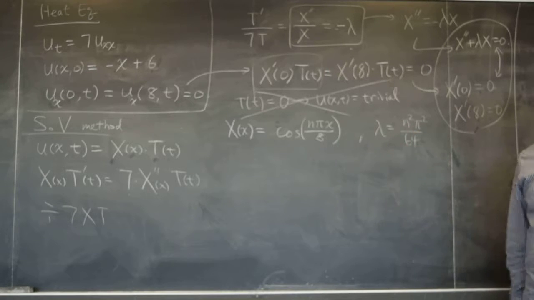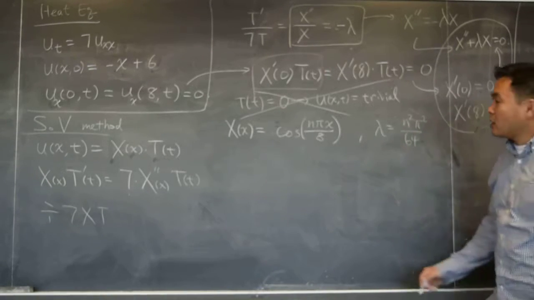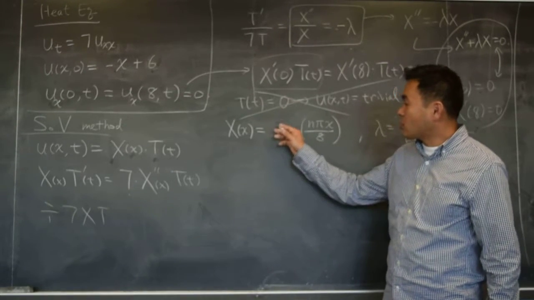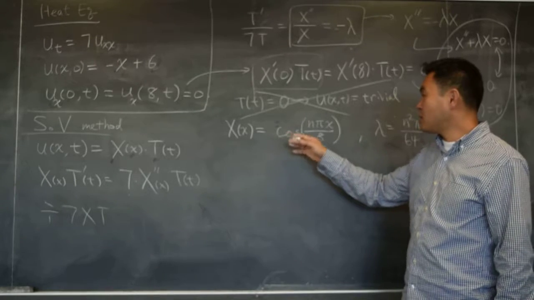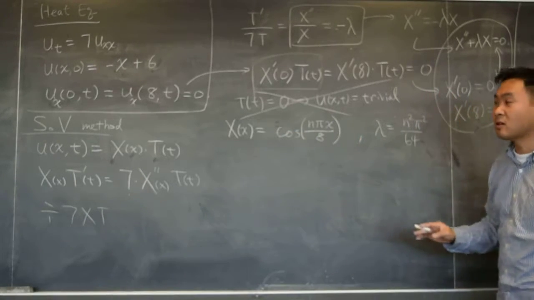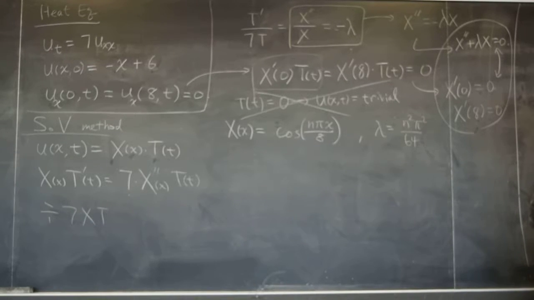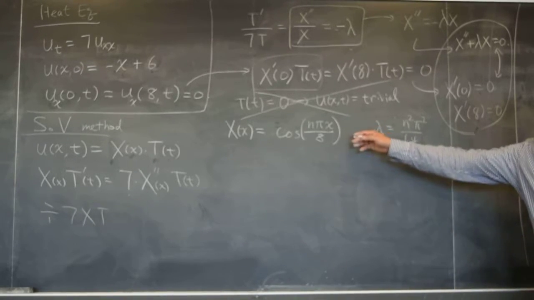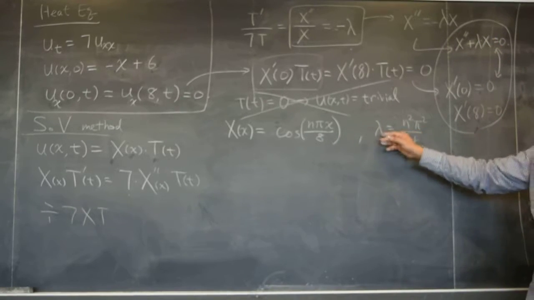So these are the values that you get when you solve the eigenvalue problem. And of course, we were talking about some free constant here, but you don't need it. Okay. So this is what we get for X(x). So these are the functions that satisfy this condition, with lambda being this.